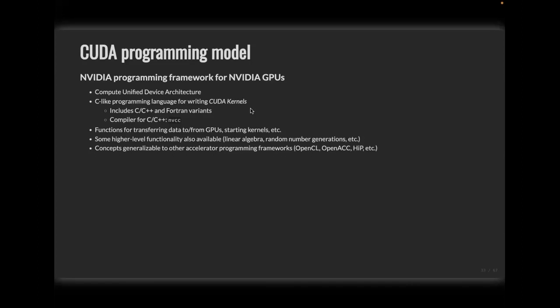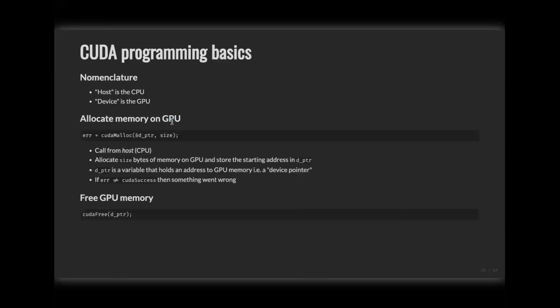So to program GPUs, we use CUDA, which is an acronym for Compute Unified Device Architecture. It's basically C with some additional stuff that you use to run on GPUs. There is a compiler that is basically a wrapper to the C compiler, called NVCC, the NVIDIA C compiler. And then there's a library with functions for using the GPU.